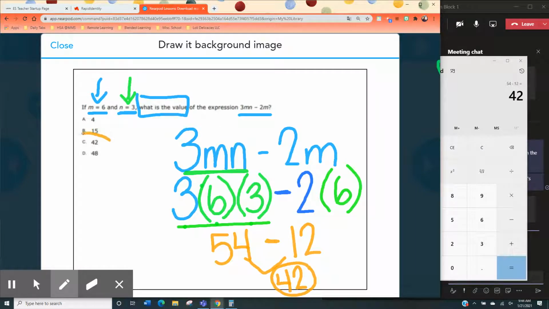So my answer is C. Again, take a second to make sure you have this written down, so that you have one example of each.